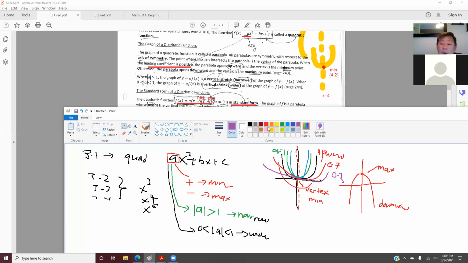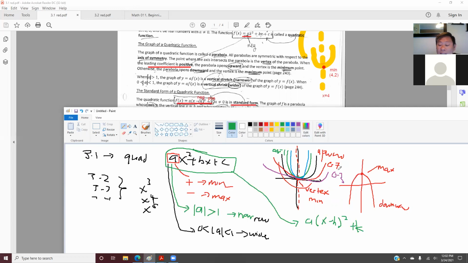However, if I give you this quadratic function, you can only figure out if it opens wider or narrower, or opens upward or downward, by looking at your A. But you cannot find your vertex by looking at this. So you have to transform this into this formula.